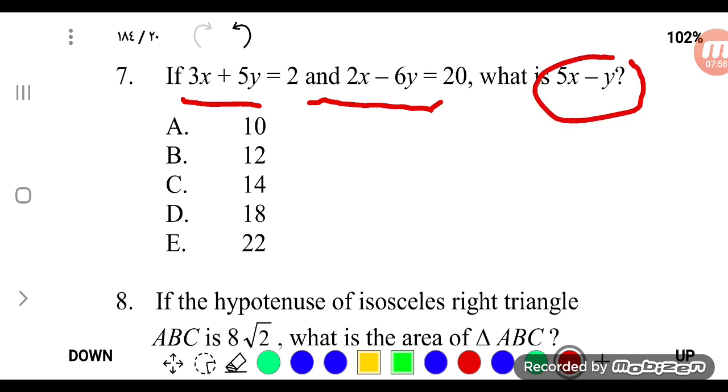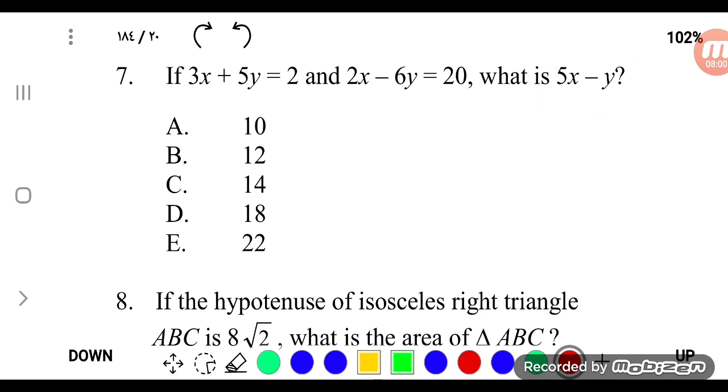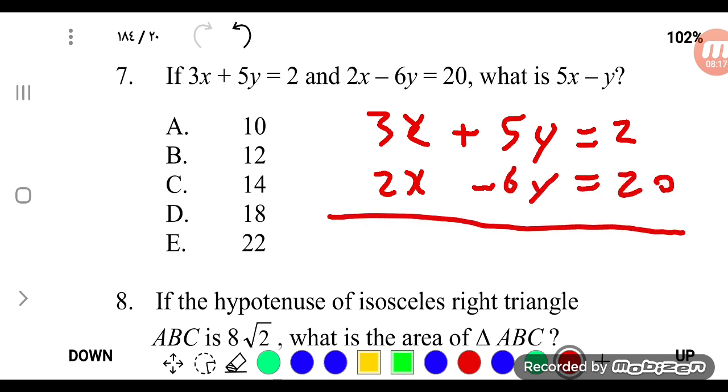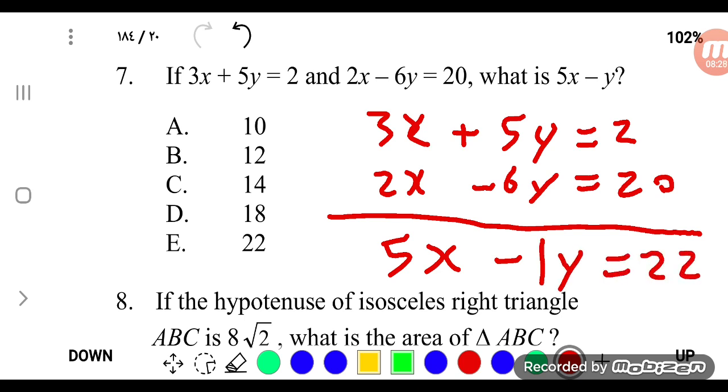So let's add both of them. 3x plus 5y equal 2, and 2x minus 6y equal 20. Adding the equations, you get 5x minus 1y equal 22. So option A is the correct answer.